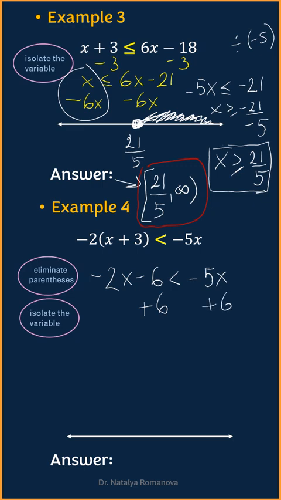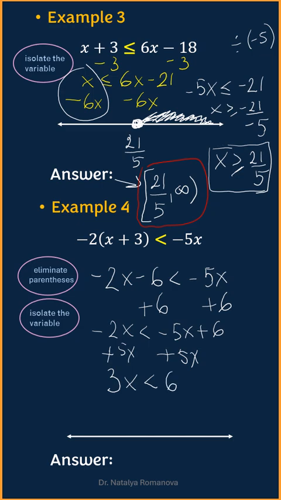It would be negative 2x less than negative 5x plus 6. Next step, we add 5x to both sides. Negative 2x plus 5x would be 3x less than 6.